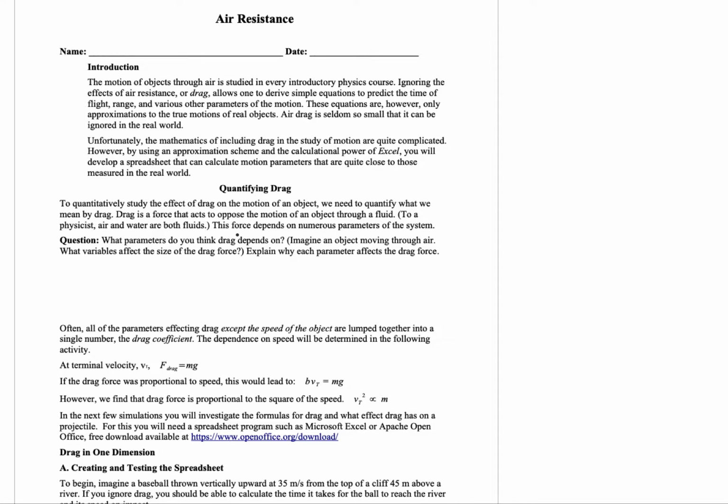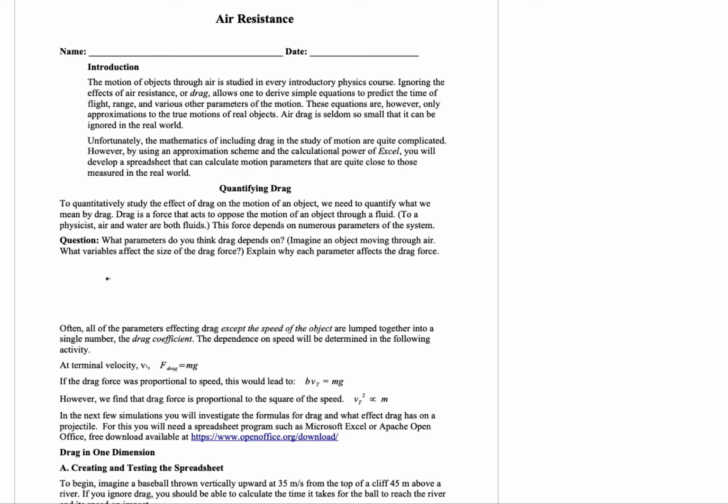So the force depends on the parameters of the system, and there are several of them. It says, what parameters do you think drag depends on? Imagine an object moving through air. What variables might affect the size of this drag force? And you often want to think in physics about the limit of a situation, like the extreme.